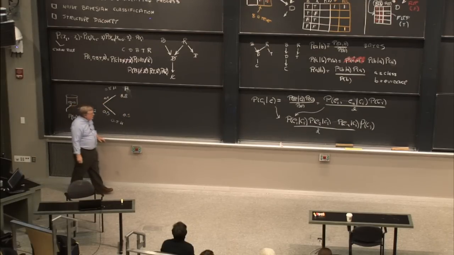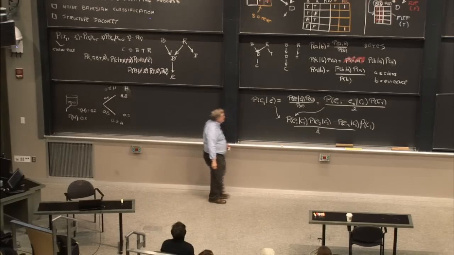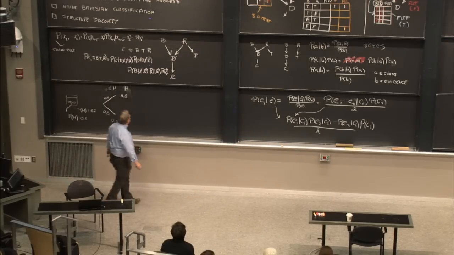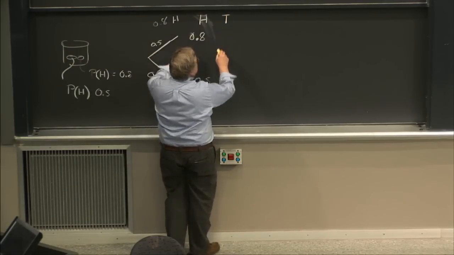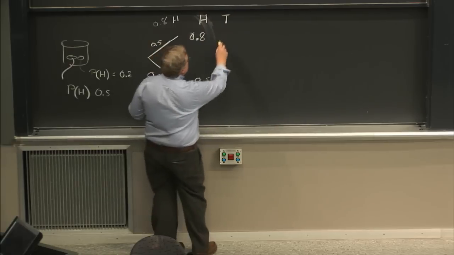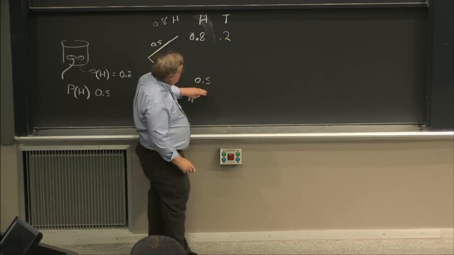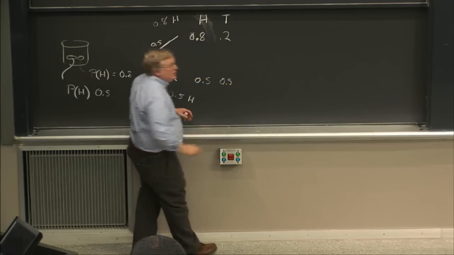So now, if we take the next flip to be a tail, then the probability of this guy, given that evidence, is 0.2. And the probability of this guy, given that evidence, it's a fair coin, so it doesn't care. It's still 0.5.